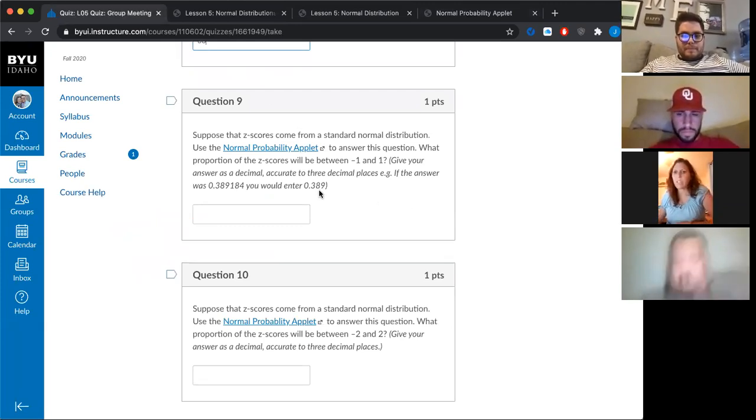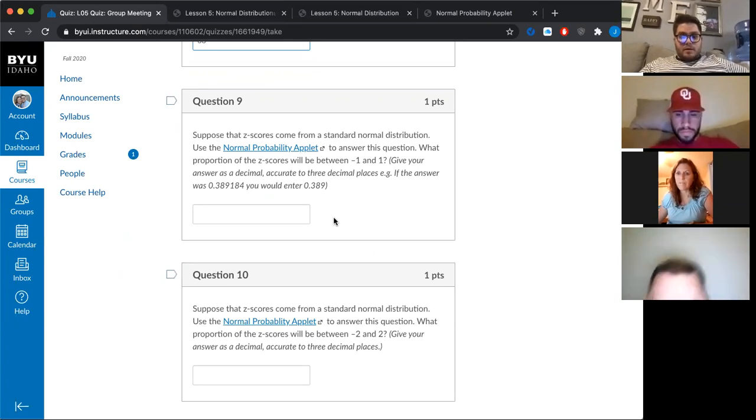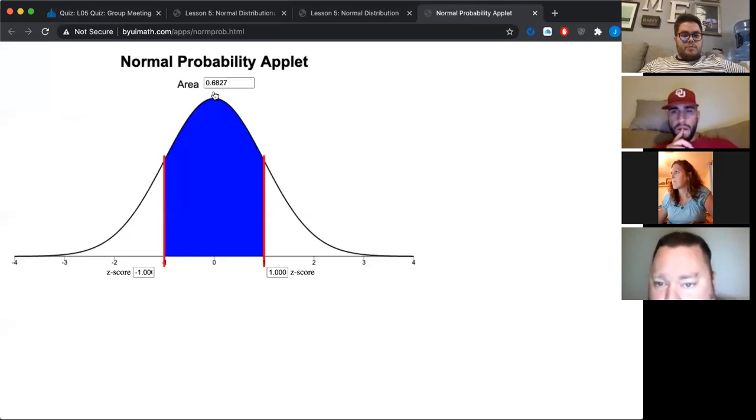Which is the 68% rule kind of thing. Yeah, basically. It says give your answer as a decimal accurate to 3 decimal places. So we just want 3, so that would take it to 0.683.